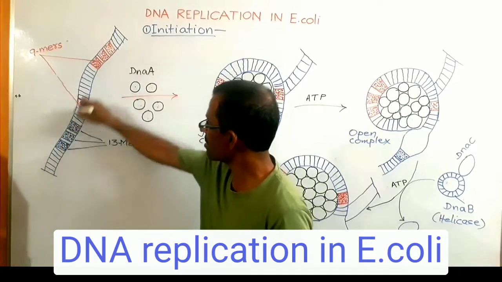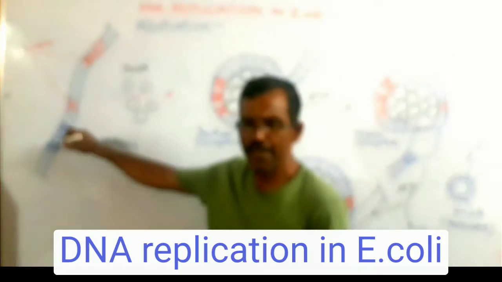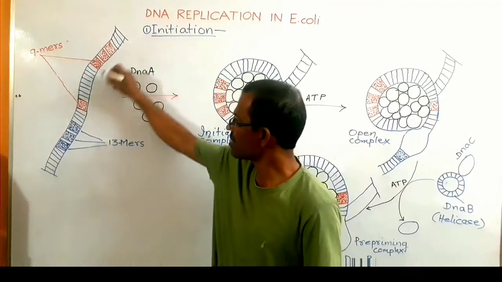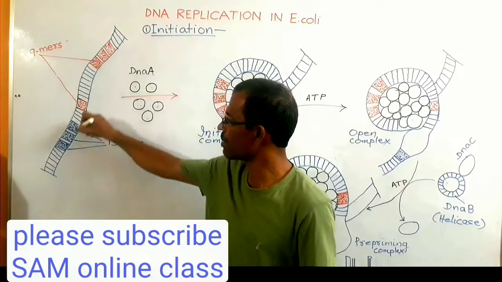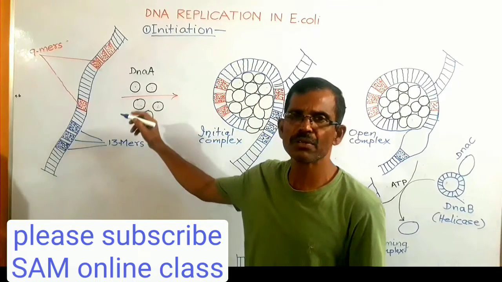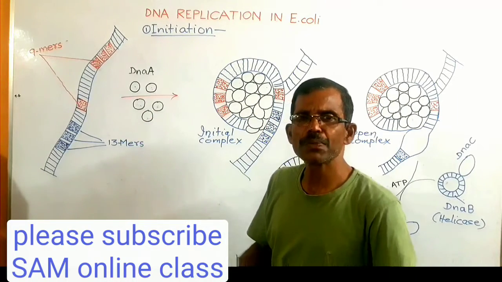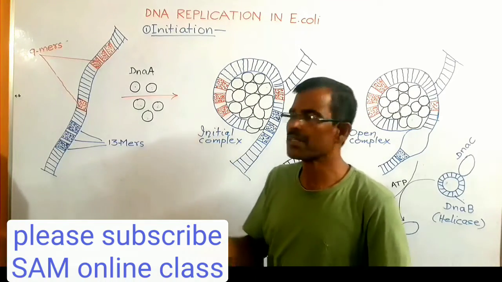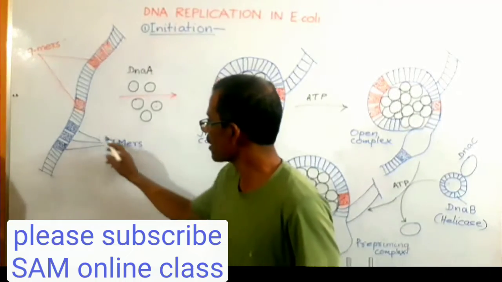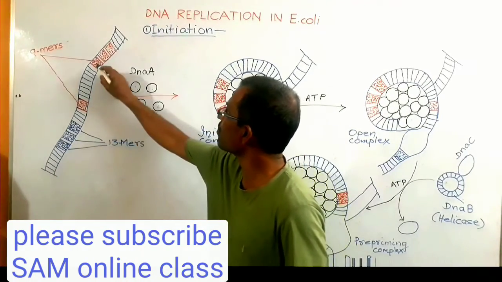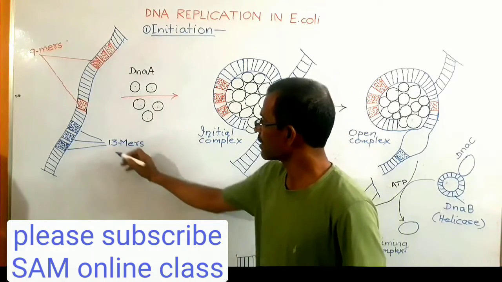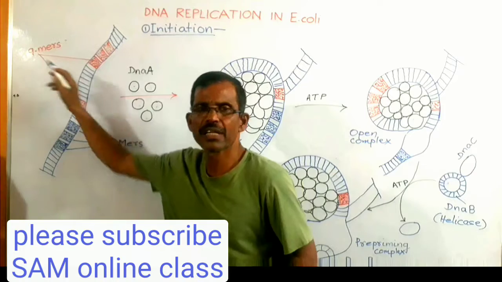OriC is a 245 base pair sequence. It contains two types of conserved sequences: three repeats of 13 base pairs and four repeats of 9 base pairs. These repeats are known as 13-mers and 9-mers respectively.